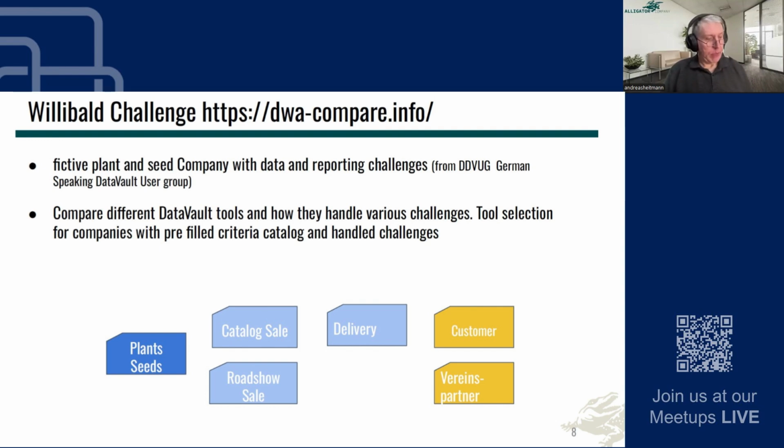Okay, maybe now I'd like to briefly introduce the Willibald company. The Willibald Company is an artificial company. It's founded by the German-speaking Data Vault user group, and it's a fictive plant and seed company.